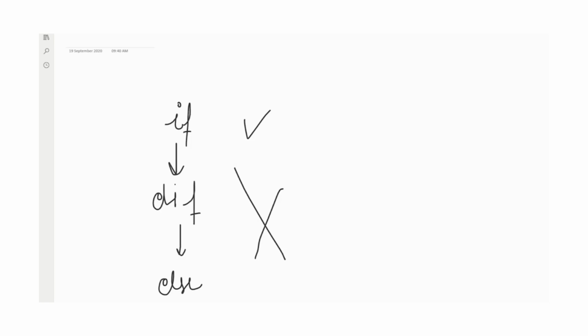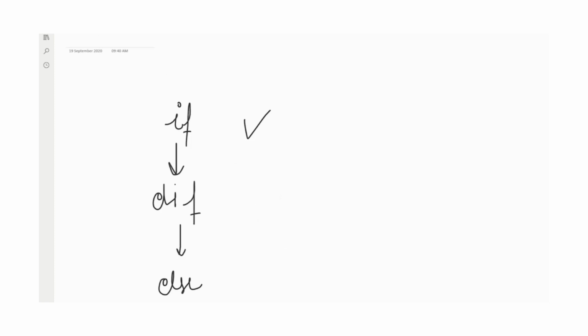So if I were to make an order of precedence, the first one would be if. If is checked, and then elif is checked. And the last fallback that we have is the else statement. If the if condition returns true, then none of them are checked.